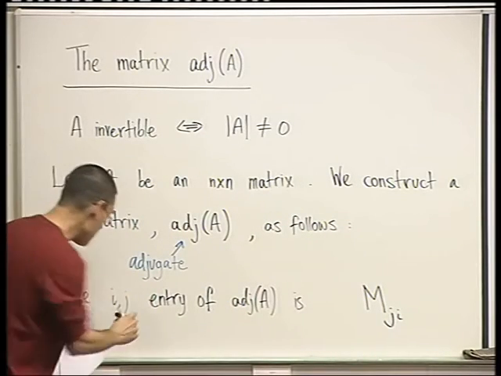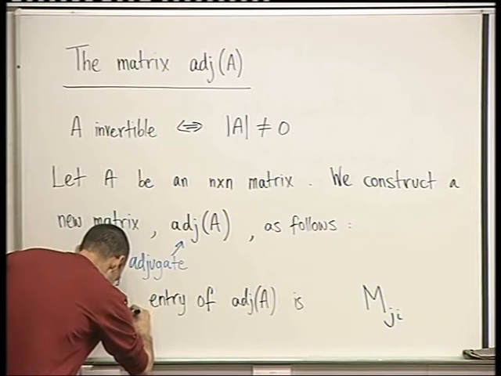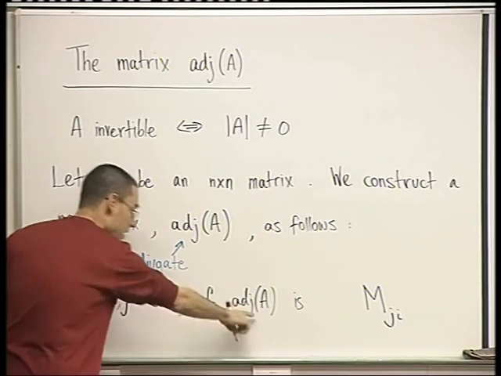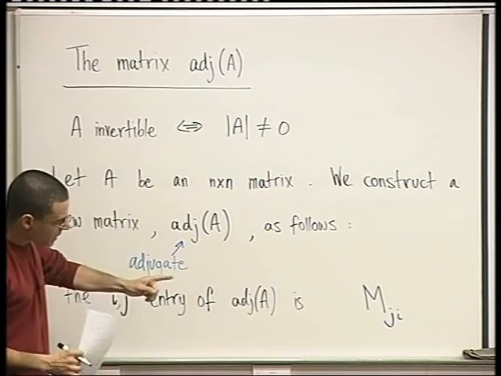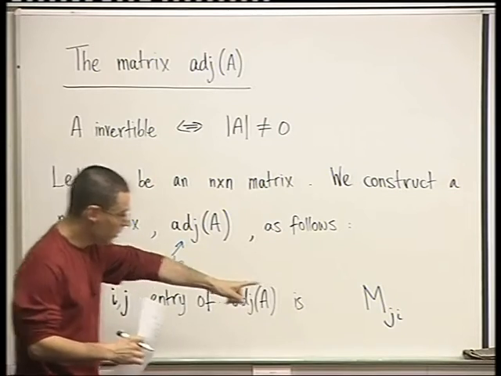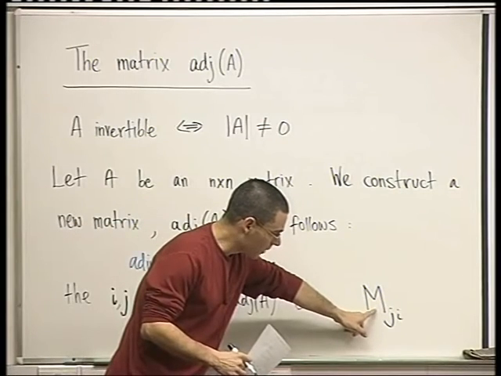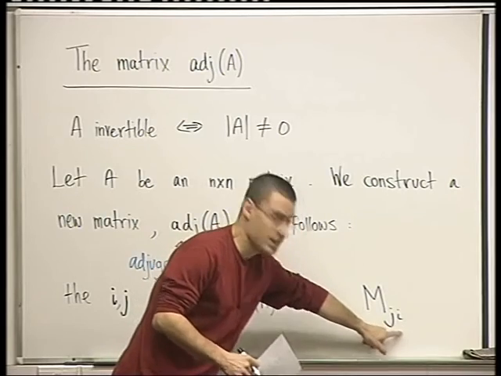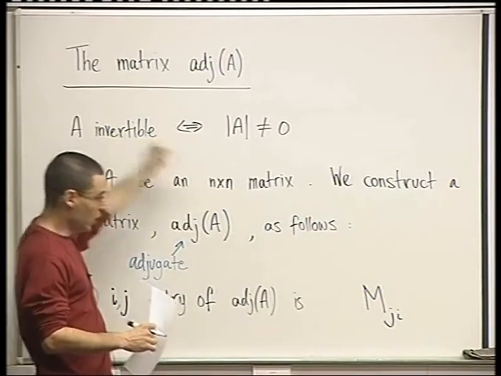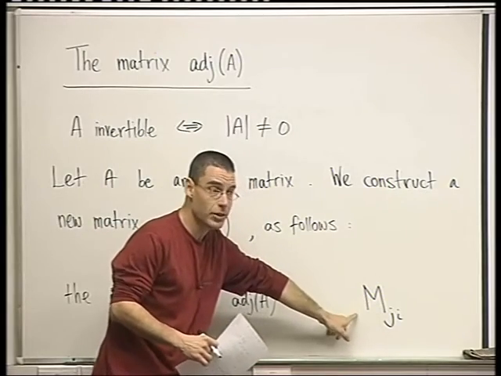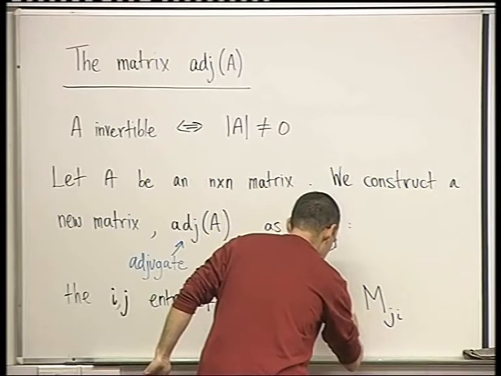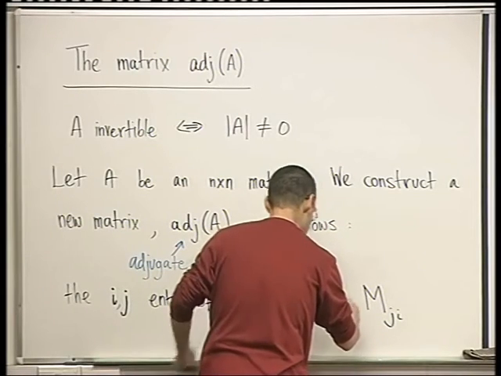So the ijth entry of Adj A is take the determinant corresponding to crossing out the jth row and the ith column of the original matrix A. We call that the jith minor. And there's going to be also a sign. So it's going to be minus 1 to the power i plus j.